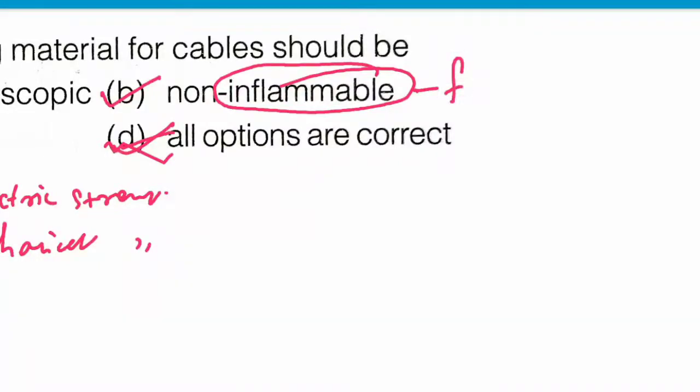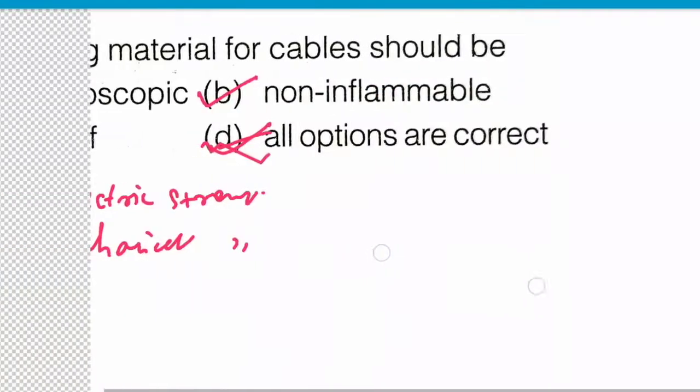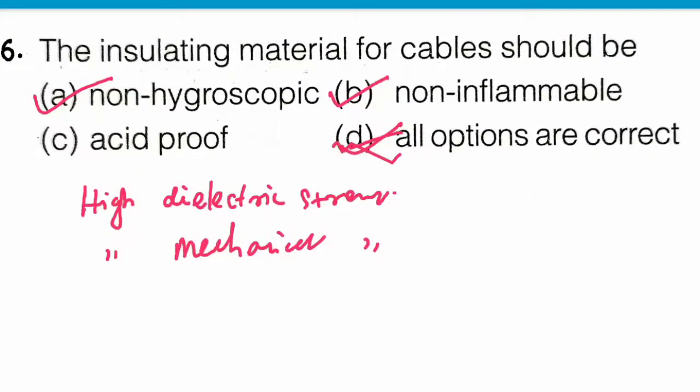Flammable and inflammable have the same meaning. Non-inflammable is the opposite of both flammable and inflammable. So this is given, and it should be both acid and alkali resistant. So here the option is all of the above, or all options are correct.